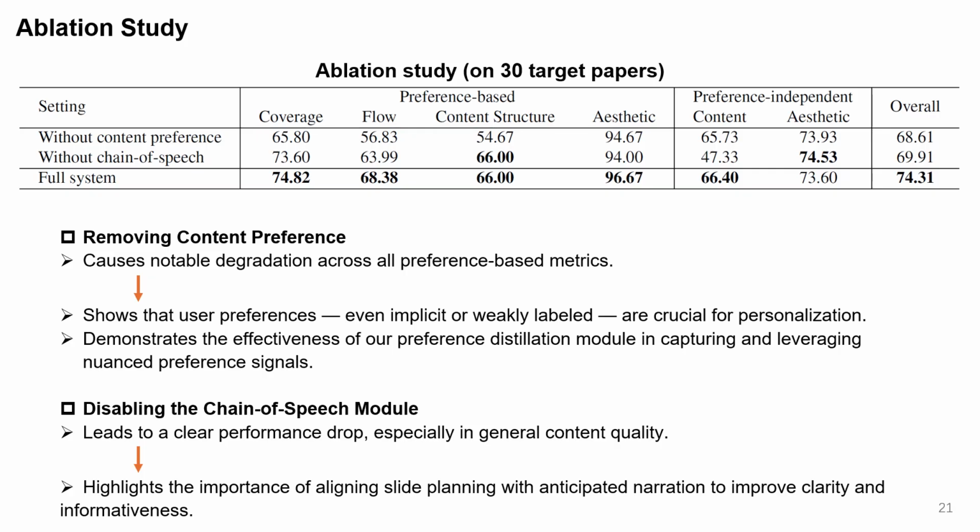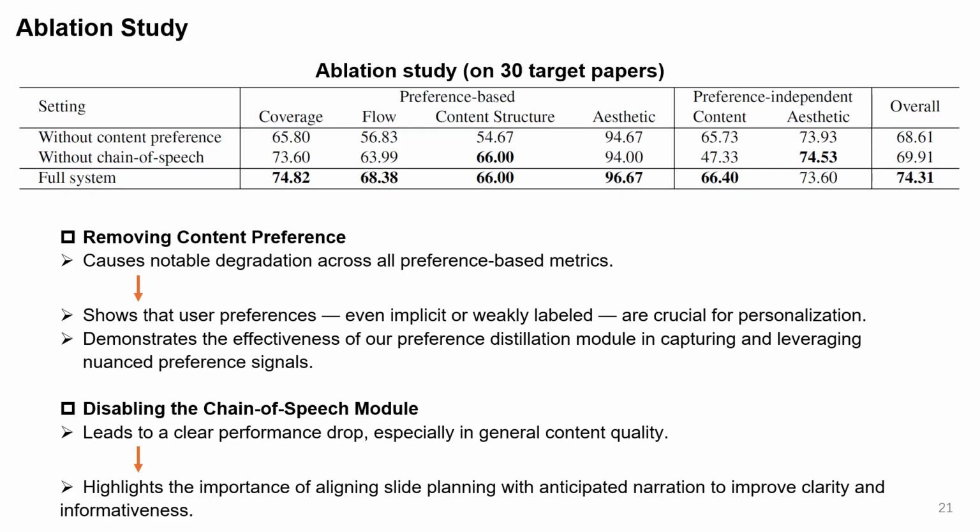We also carried out an ablation study. We observed that removing content preference notably decreases performance across all preference-based metrics. This not only validates the core hypothesis that modeling user-specific preferences is essential for personalization, but also demonstrates the effectiveness of our preference distillation module in capturing and leveraging such implicit user signals.